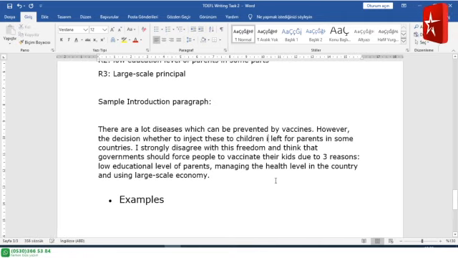I found a grammar mistake here. "Decision is left." Any ideas, guys?